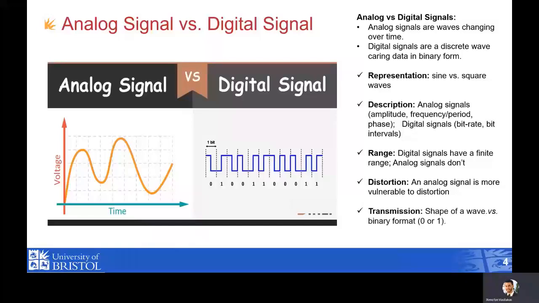And there is a difference when it comes to transmission. An analog signal transmits information in the shape of a wave, as you've seen here. But a digital signal carries data in the binary format, which we describe usually as zeros and ones. It's another example of a zero, that's another example of a one.